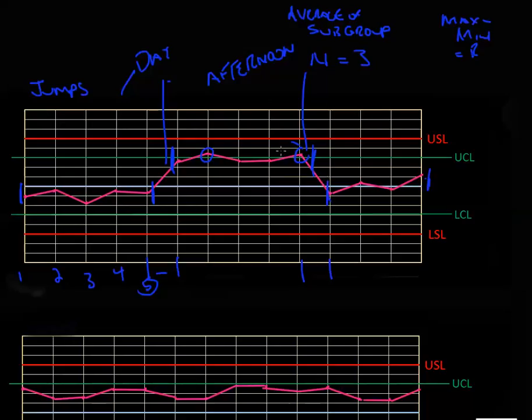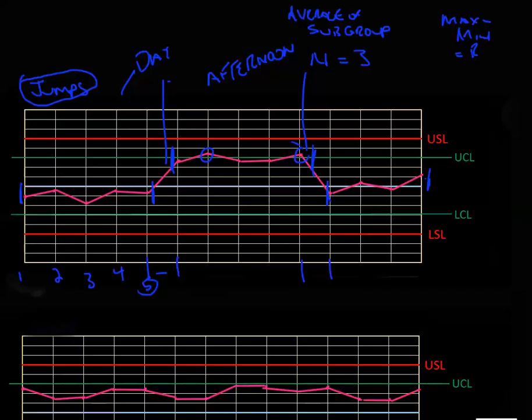So this could be a shift in operators, a shift in raw material, or some other change maybe in the machine, that sort of thing. So anyway, when we see a process go out of control, as I mentioned in previous videos, the next step is investigate. There's some information on your control chart to help you start that investigation.